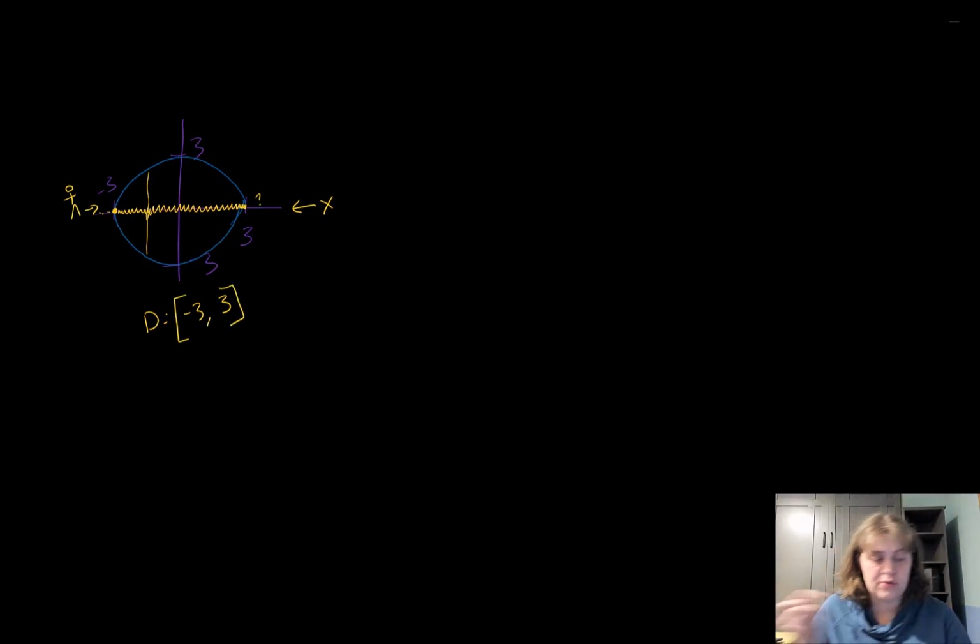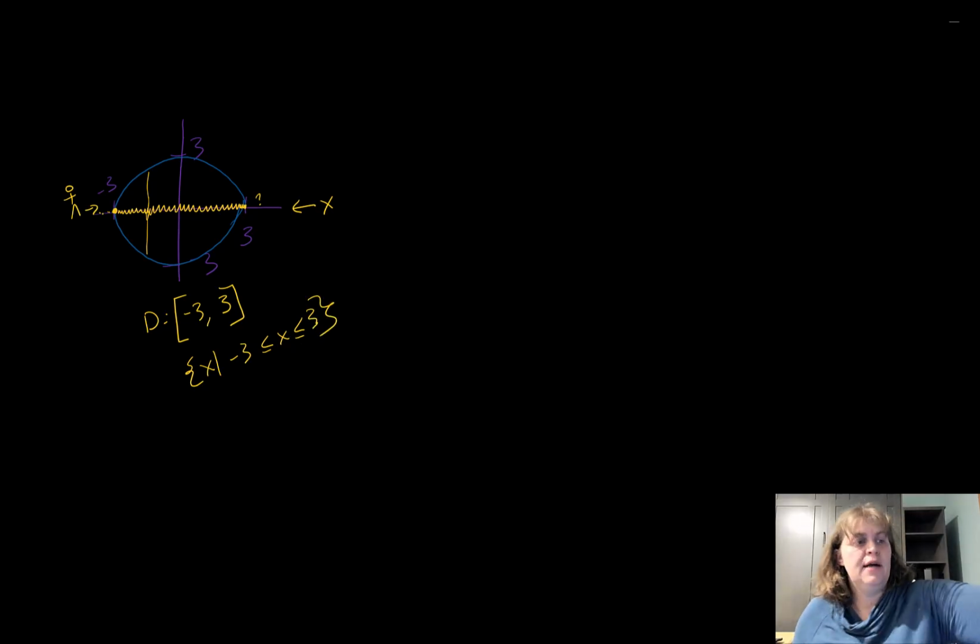Important question: does it include those values? Yes, it does. So we get to put square brackets on this if we were writing in interval notation. Don't forget, we also have our wonderful set notation, which we would say -3 is less than or equal to X, which is less than or equal to 3. Squiggle bracket. All right, so there's that.